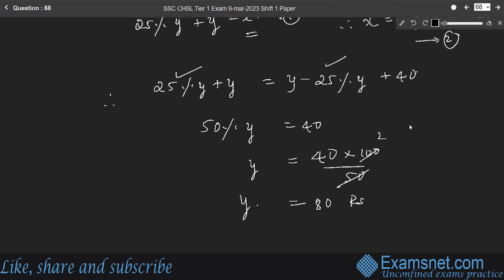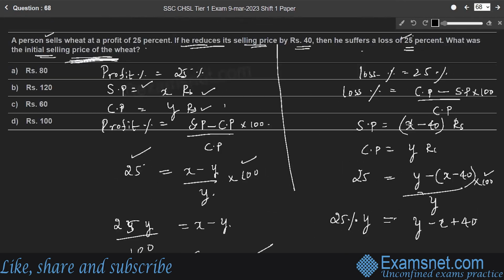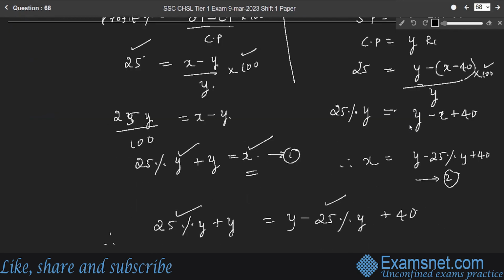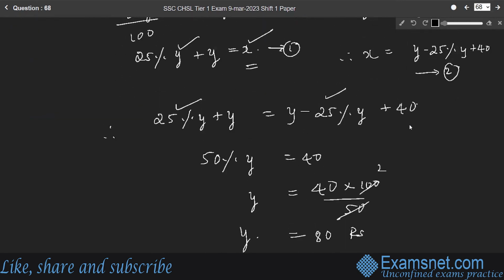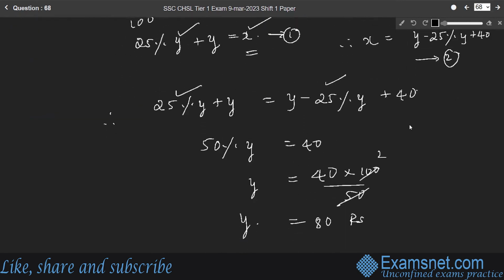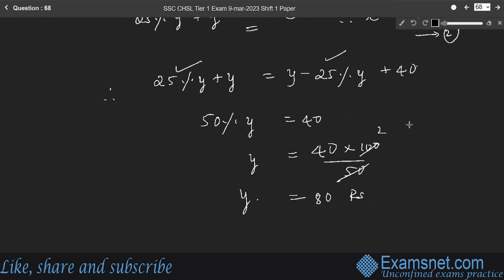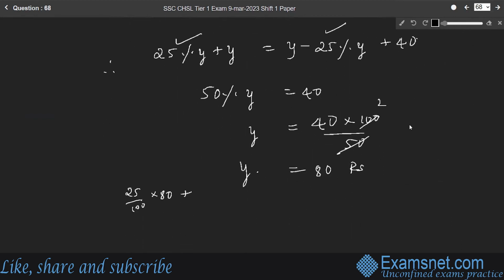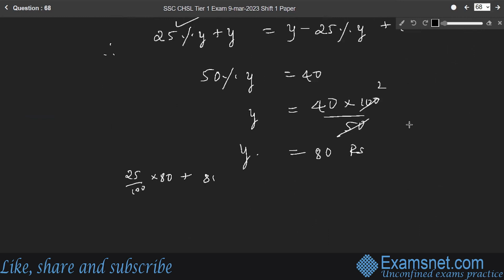What is y? y is the cost price, which is 80 rupees. Substitute the value of y in equation 1. So equation 1 becomes 25 by 100 into 80 plus y, and y is 80, is equal to x.